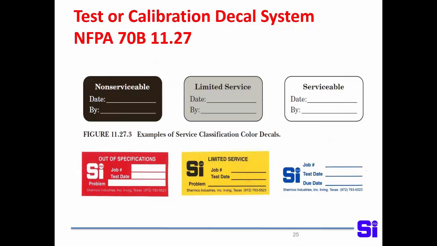Now, the only fly in the ointment is as I move away from the test date, if I get, say, 3 years, and I use 3 years as an example because both NETA and NFPA 70B generally use 3 years as a standard type maintenance interval. And there's reasons why you might want to do your maintenance interval more frequently or less frequently, but 3 years is generally standardized.